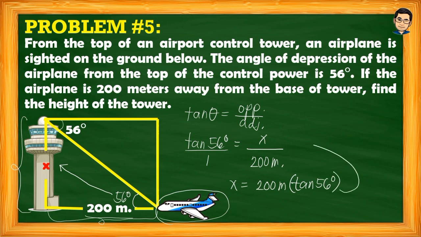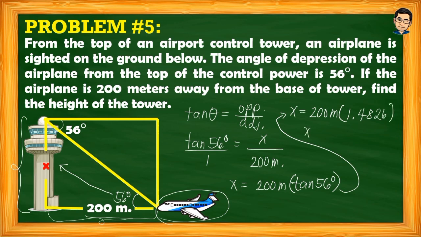Okay, so sulat lang natin dito. So, x is equal to 200 meters times the value of tangent 56 degrees. So, press lang natin sa calcu, tangent 56 degrees. So, that is approximately equal to 1.4826.